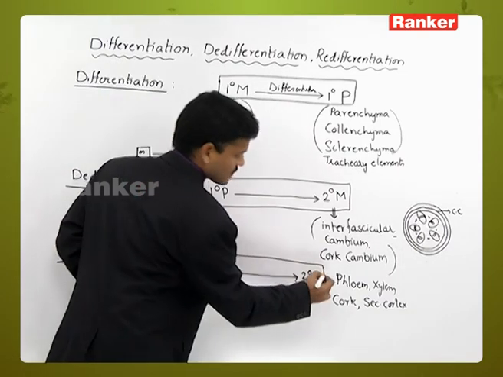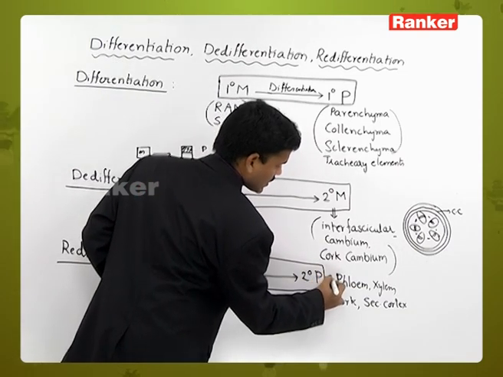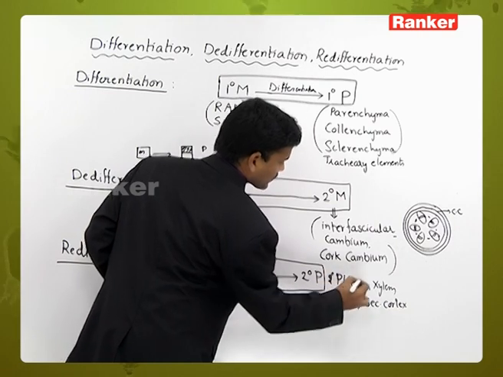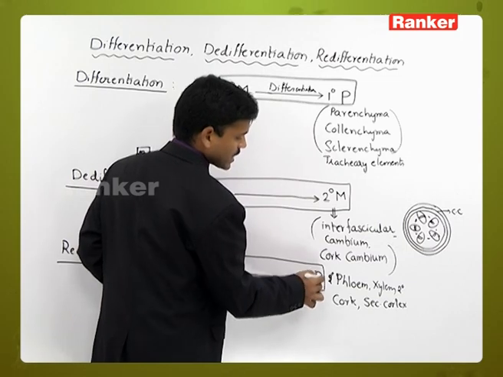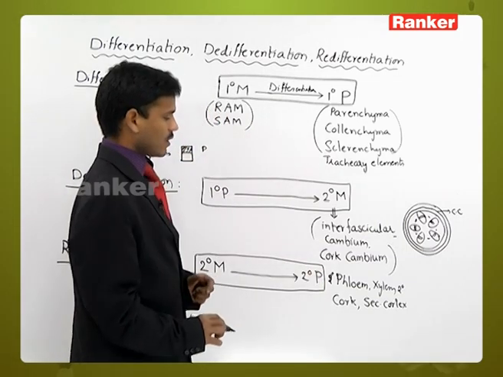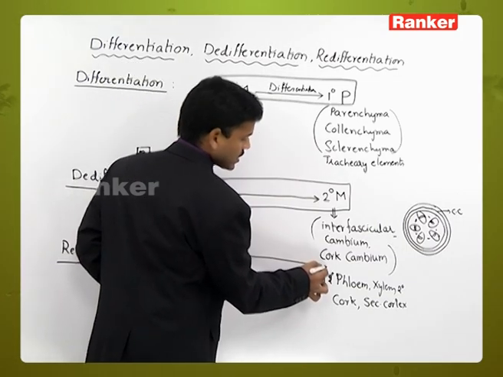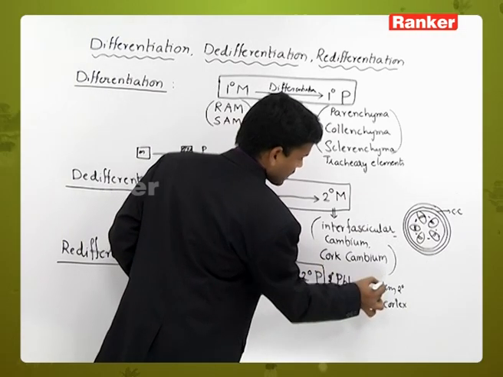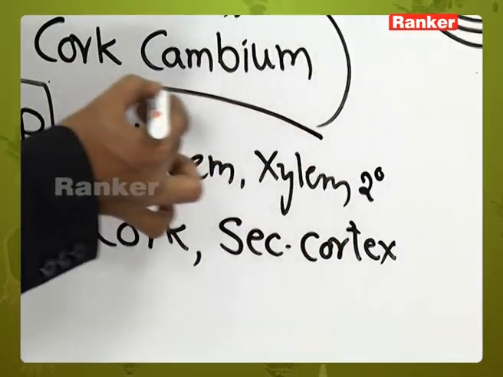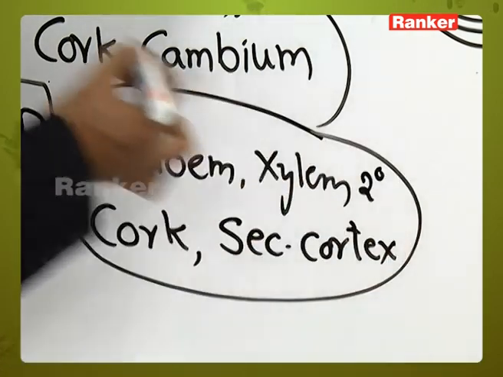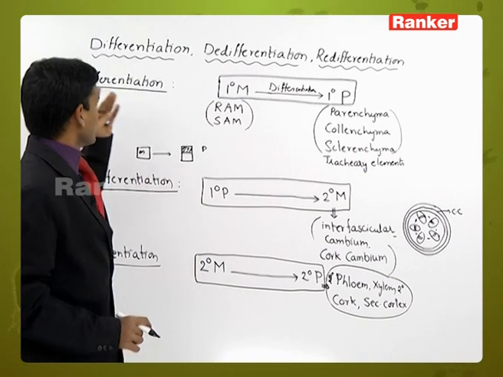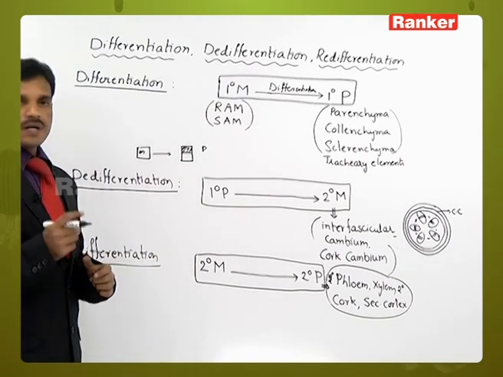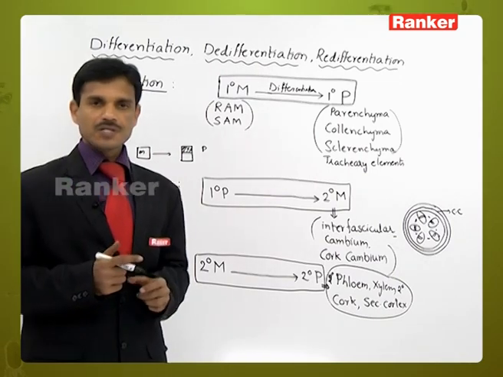So that's why here we can write secondary: secondary phloem, secondary xylem, cork, secondary cortex. So all these are secondary permanent tissues. Here differentiation, de-differentiation, re-differentiation.